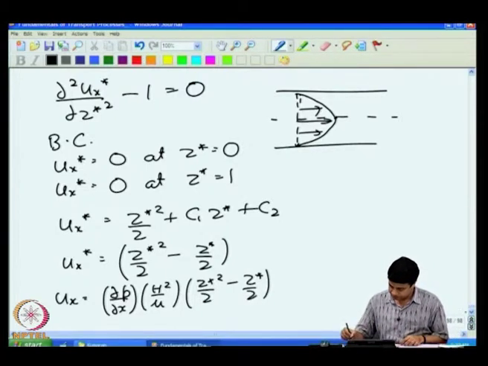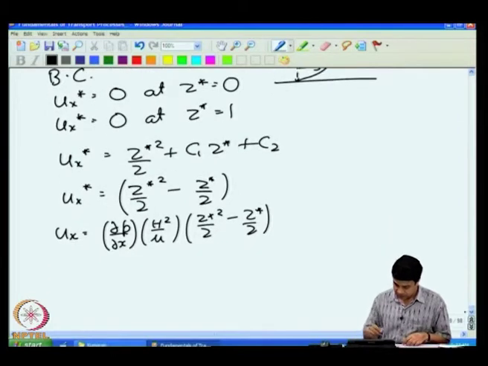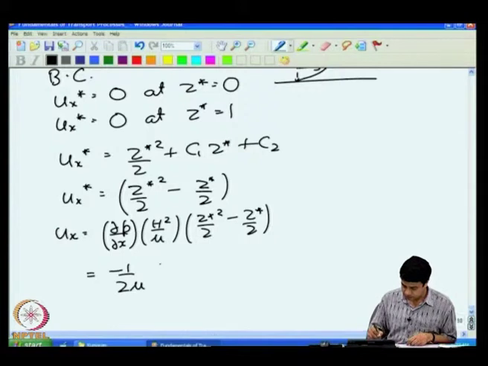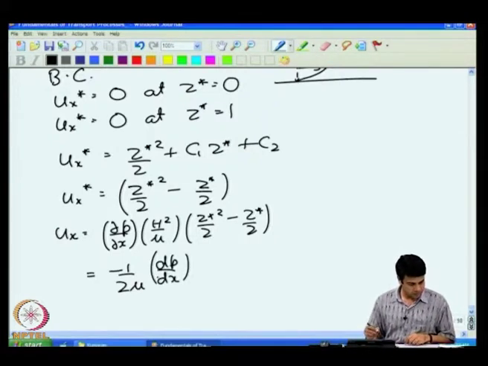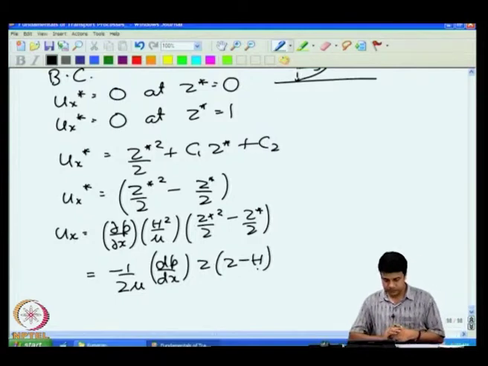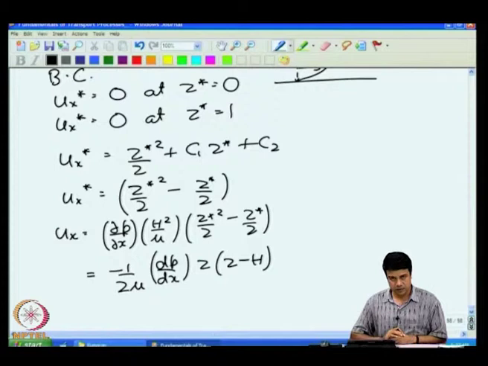Okay. And this is equal to minus 1 by 2 mu dp by dx into z into z minus h. Okay. So, this is the parabolic velocity profile for the flow in a channel.